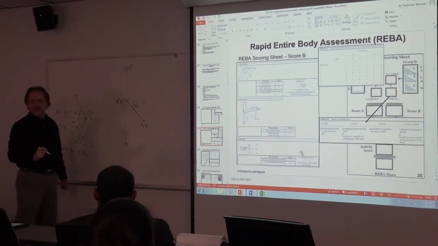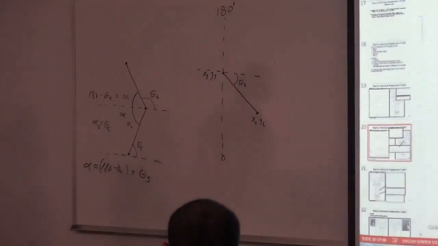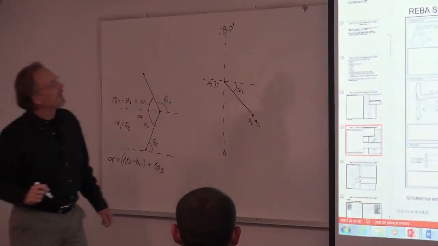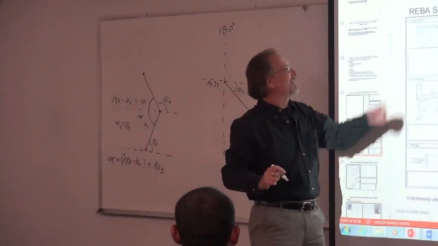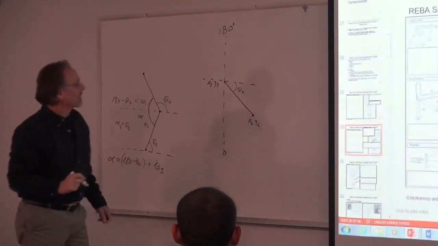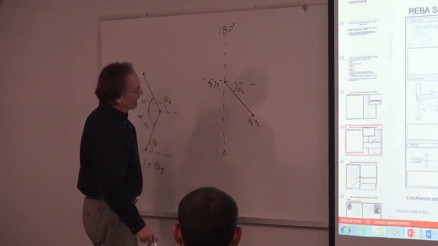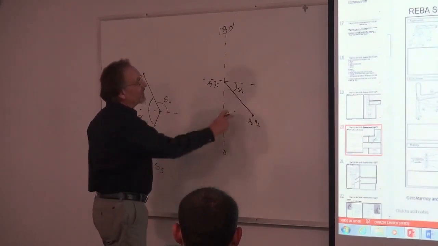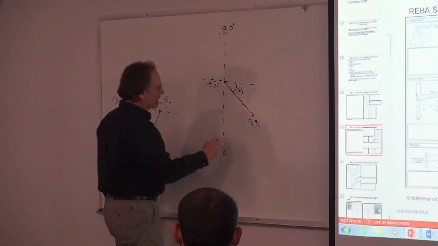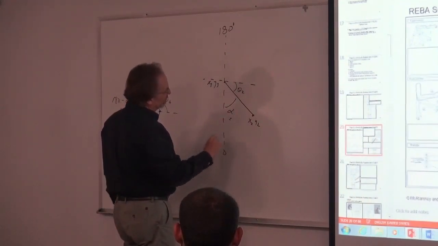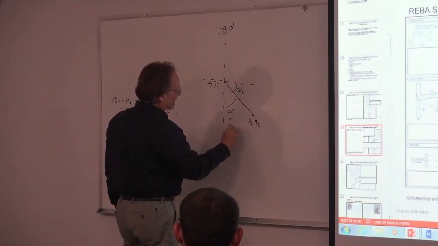The upper arm, right? We're doing upper arm, yes. So if that's theta 2, and I want it relative to this, if I'm in this quadrant, this alpha will be equal to 90 minus theta 2.